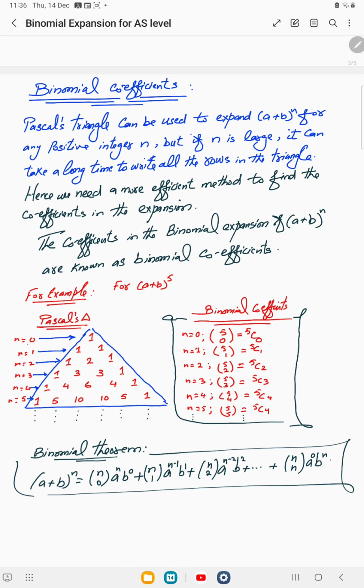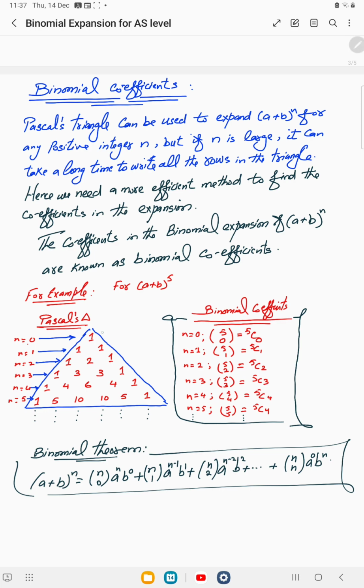Okay guys, now we are going to discuss the binomial coefficients, because so far we have done the Pascal triangles. Pascal triangles can be used to expand a plus b power n for any positive integer. But if n is large enough, like 100, 50, 15, or 14, it will take a long time to write all the rows in the triangle.